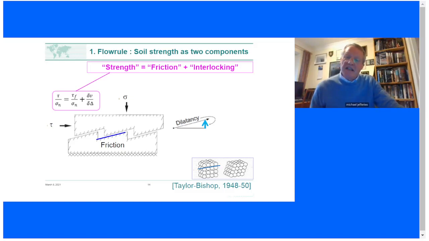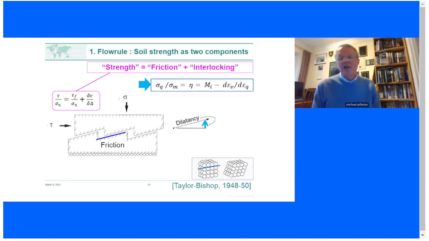We still use this idea today, but of course now we cast it from a shear box, we generalize it into 3D stress and strain invariants. So we now say, rather than tau over sigma n, it's sigma q, which is the generalized deviatoric stress measure, over sigma m, which is our mean effective stress, and the ratio of the two is this parameter eta, the Greek letter eta, and that equals M, which is our friction.